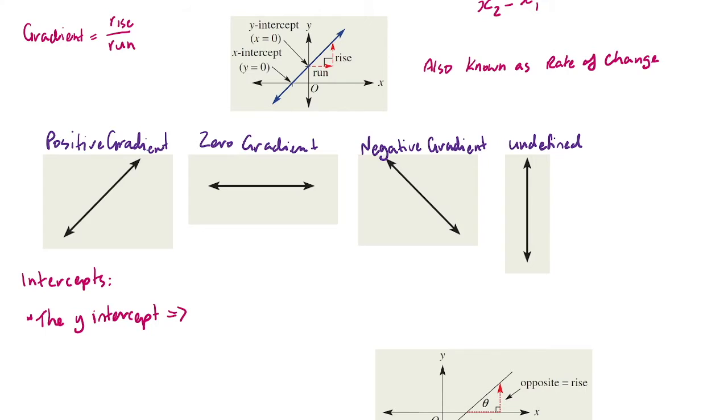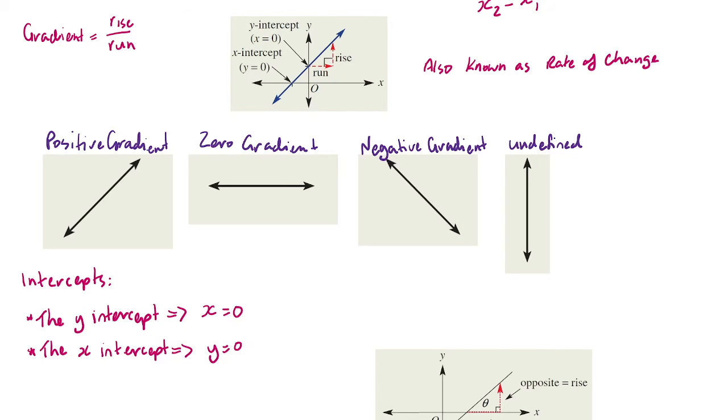So how do we find the y-intercept? Well, that is when x equals 0, because that's what the y-axis is. And the same with the x-intercept. That's when y equals 0, because that's the x-axis.